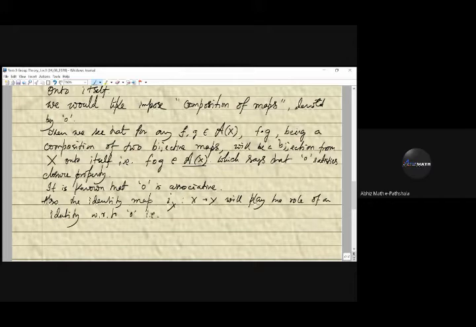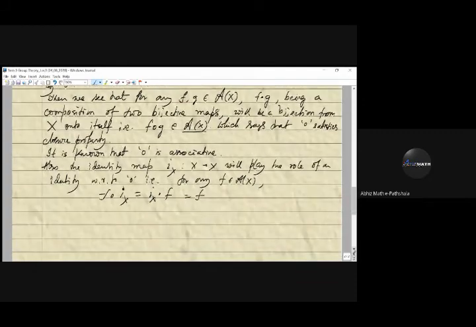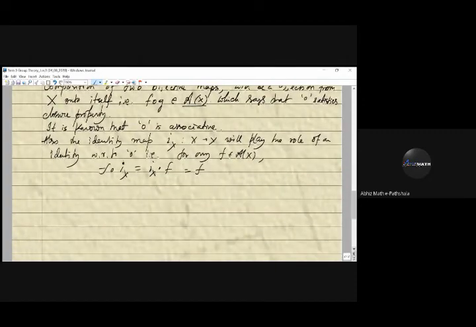That means for any f belonging to curly X, f compose Ix and Ix compose f are equal to f. So this proves that curly X forms a monoid with respect to composition of maps.